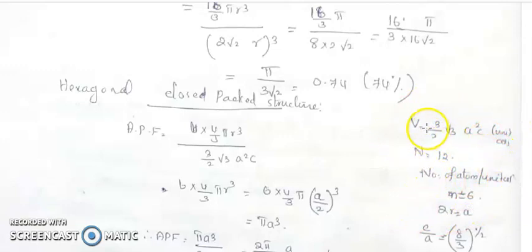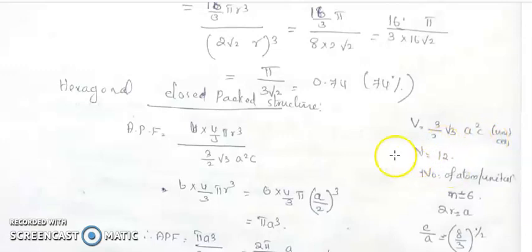The volume of the hexagon will be 3 by 2 root 3 into a square c, where c is the height of the hexagon. Base area into height is the volume of the hexagon.